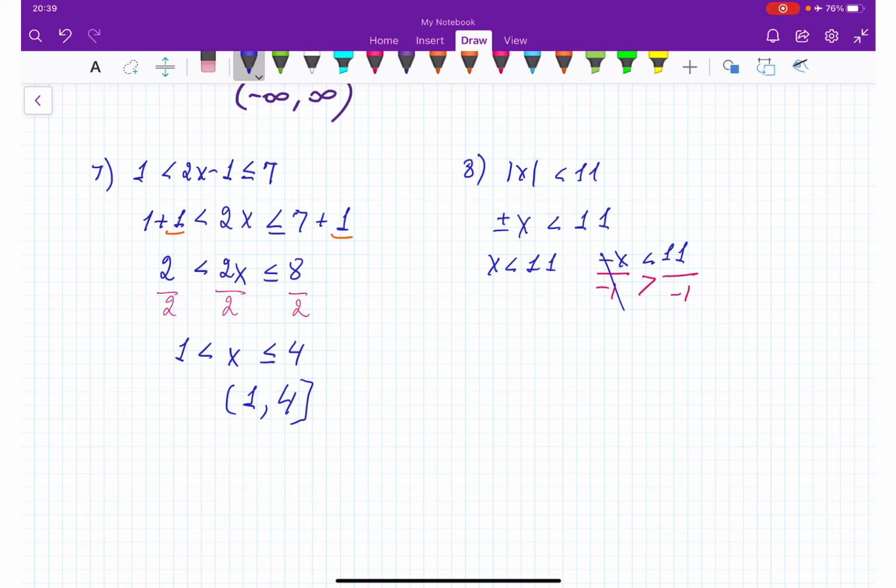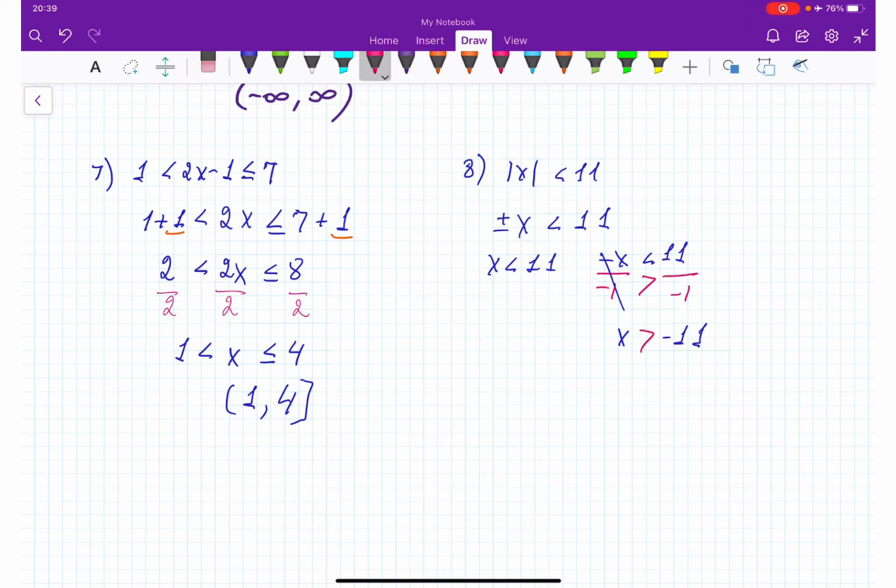We get x is less than negative 11. And here we have x is less than 11. Oops. x is greater than negative 11, yeah.